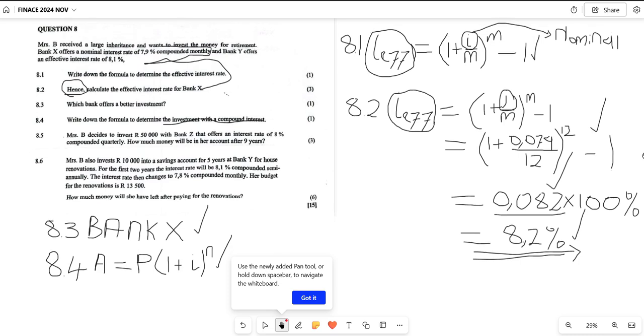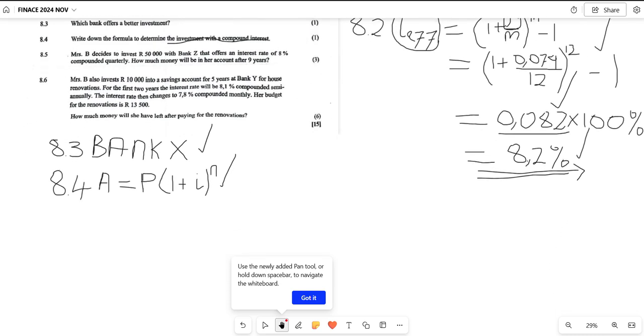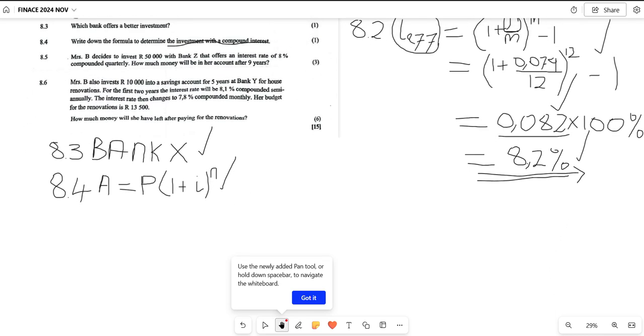We are fine. I hope, comrades, we are still fine in this regard. That is 8.4. 1 mark given for Mahala again.